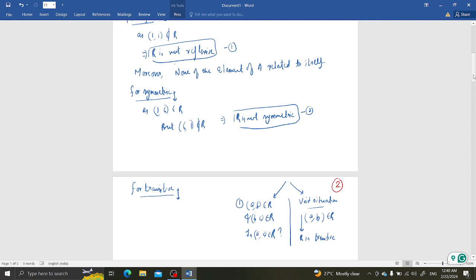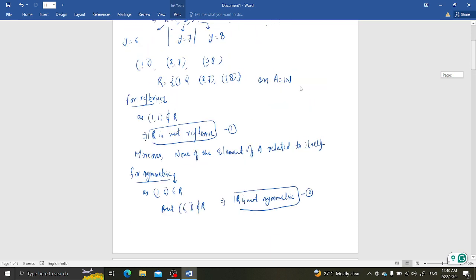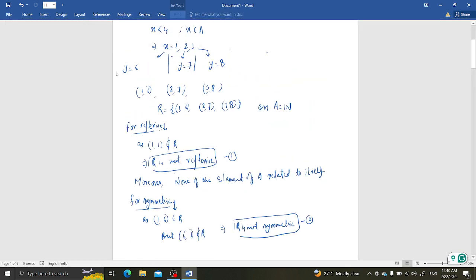Here you can observe this. Here (1, 6) is there. Is there any element starting with 6? No other element starts with 6. So for (1, 6), there is no element starting with 6; this ordered pair ends with 6.